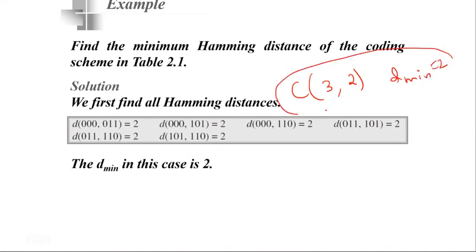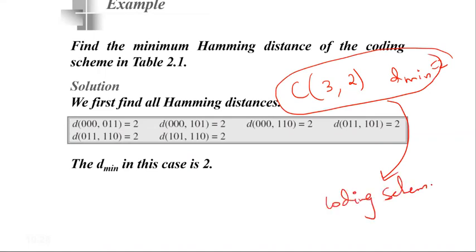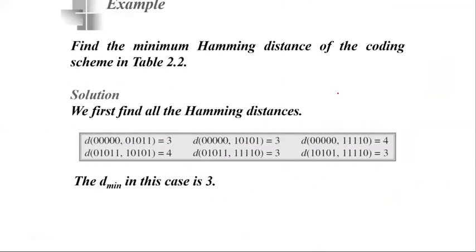We call this entire thing a coding scheme. And the second coding scheme that we have just seen is C of (5, 2), the code word of size 5, the data word of size 2, and the minimum Hamming distance equal to 3. So that is another coding scheme.